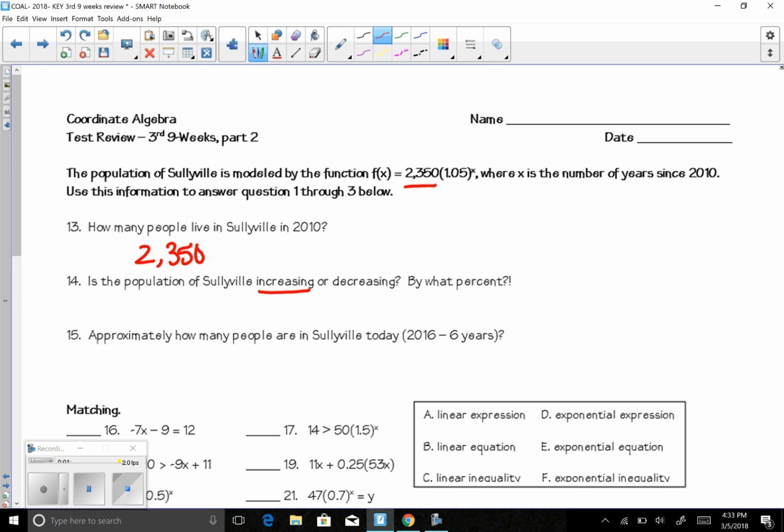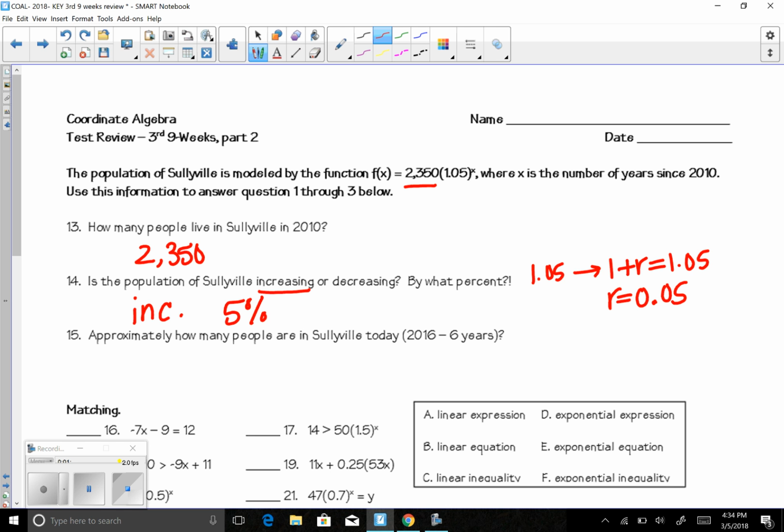You want to compare 1.05 to 1, and remember this is a percent increase, so this is probably 1 plus some value r equals 1.05, right? So you could subtract 1 and solve for r, and that's going to show you that you get 0.05. Well, what is that as a percent? You move the decimal 2 to the right, so this is an increase of 5%.